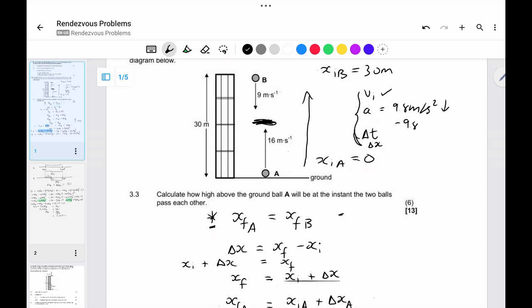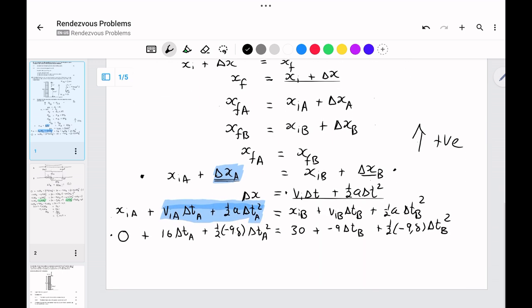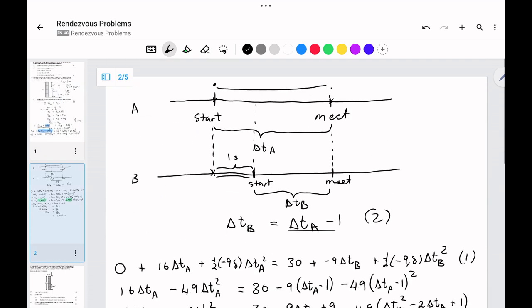So now that I know how long it takes A to do so, if I want to figure out how high it is, I can just take my time delta TA and back substitute it into this piece here. That'll give me the final position of A, and that's going to be equal to the height of A.